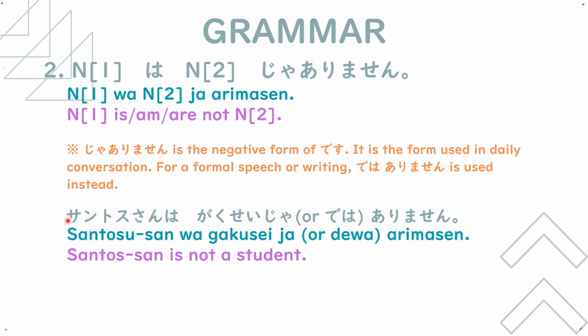So Santos-san is a noun, wa particle, and then wa here indicates that Santos-san is the subject of the sentence, and then after that is the predicate of the sentence. So instead of having desu after gakusei, after student, we have ja arimasen to indicate that Santos-san is not a student.